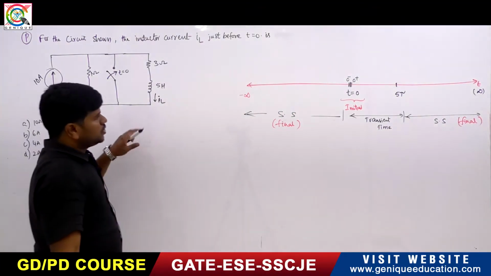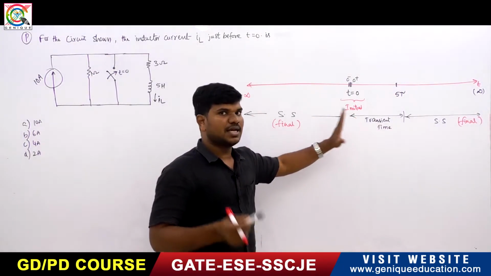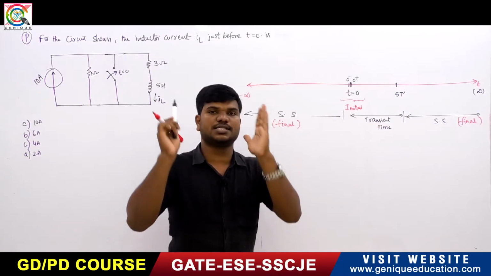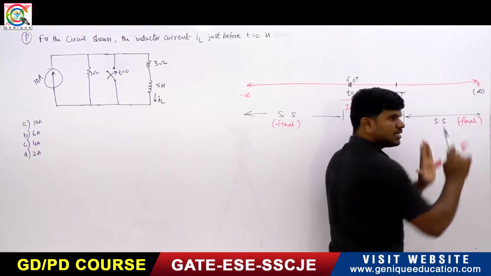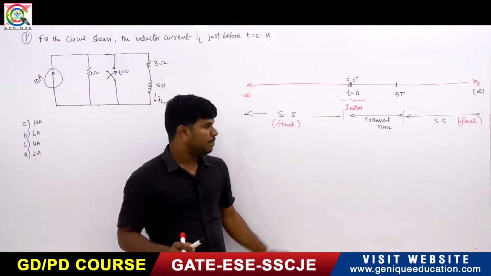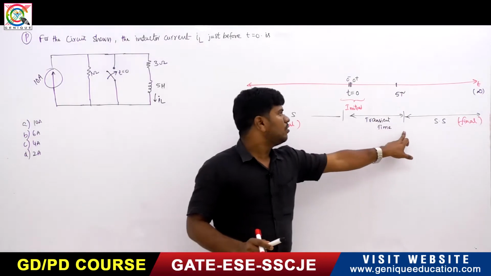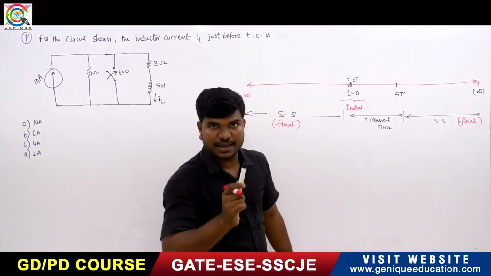So from minus infinity until the switching takes place, the circuit is said to be in the steady state, right? After 5 time constants, the circuit is said to be in steady state. But from 0 to 5 time constants, the circuit is in transient time.